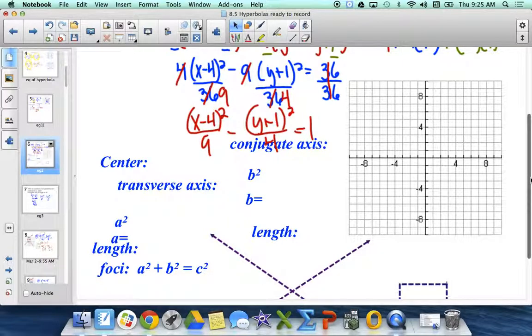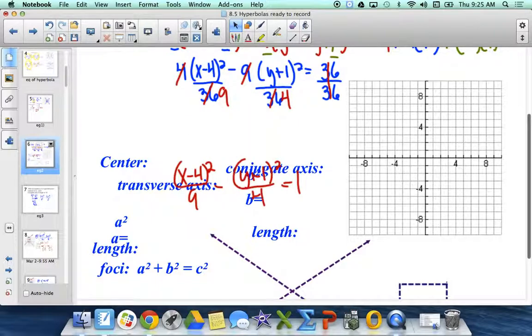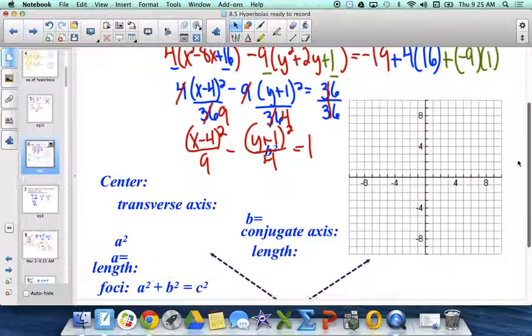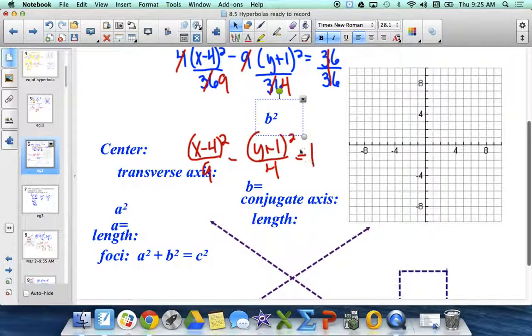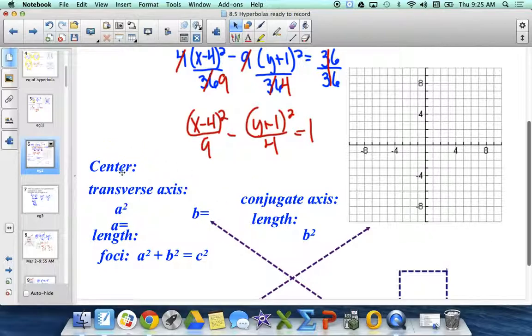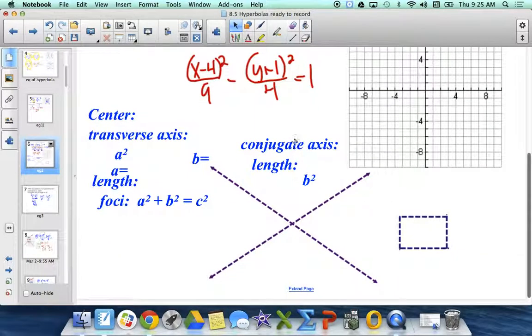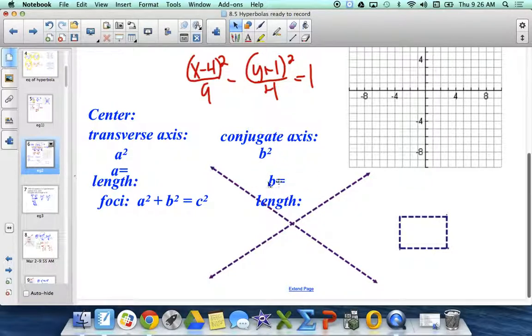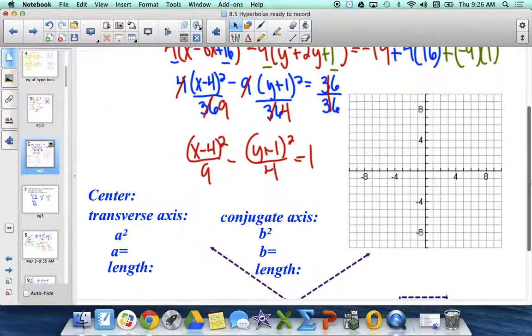So let's find our center. So we have a center at 4, negative 1.